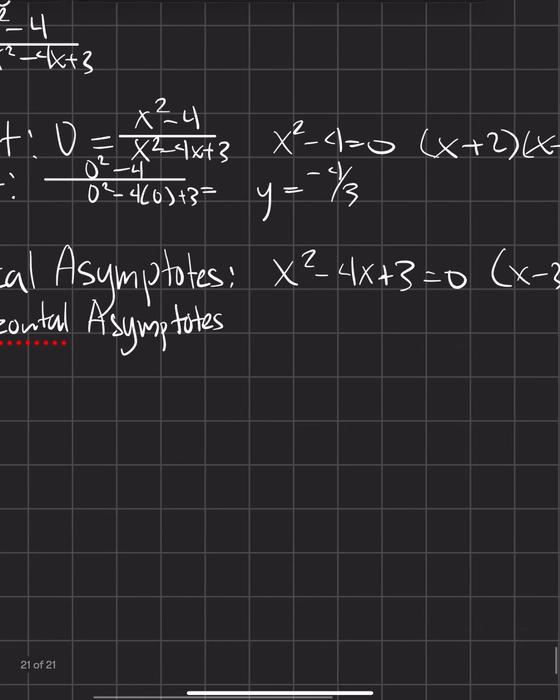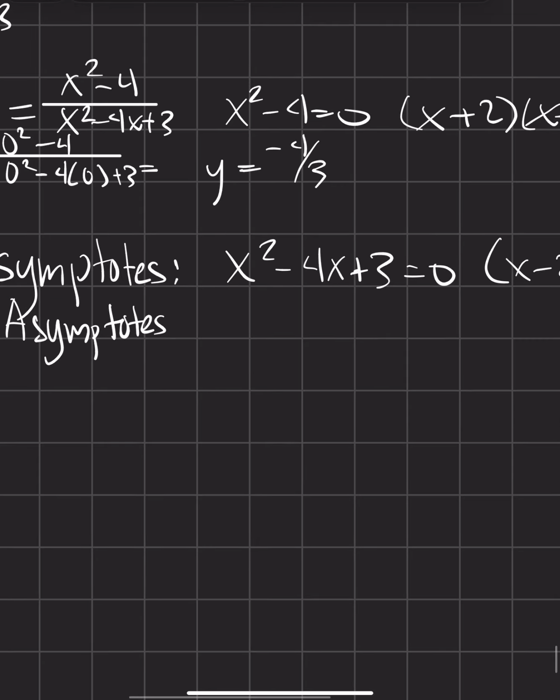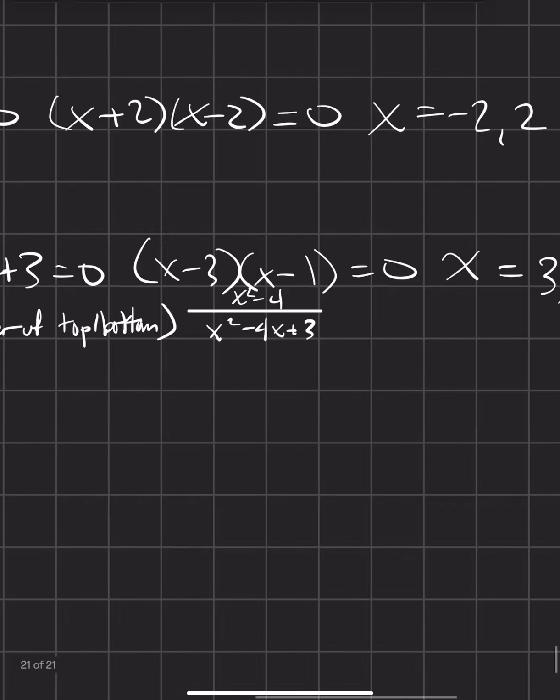Horizontal asymptotes is when you look at the power of your top and bottom. So let's put in our function again: x squared minus 4 over x squared minus 4x plus 3.